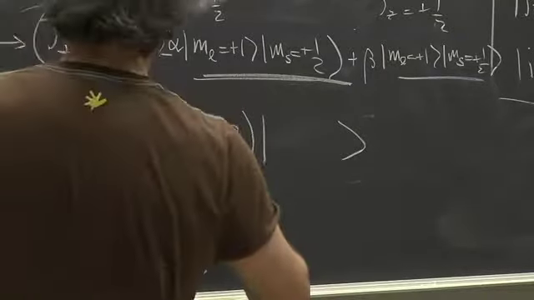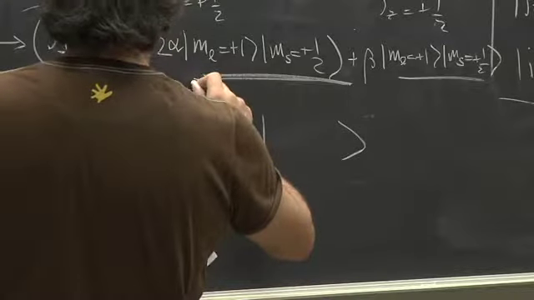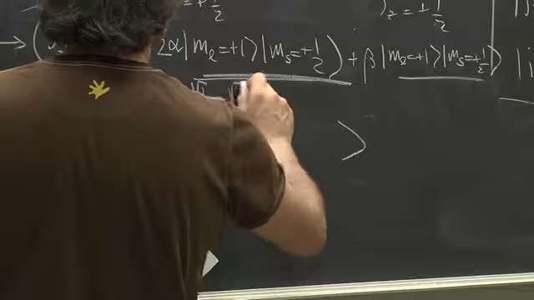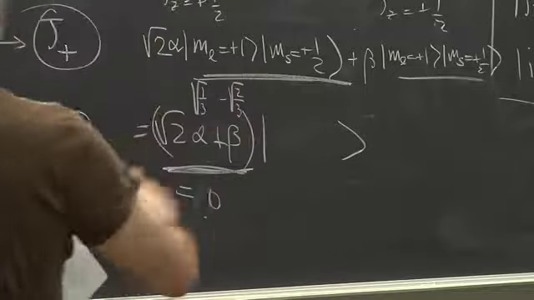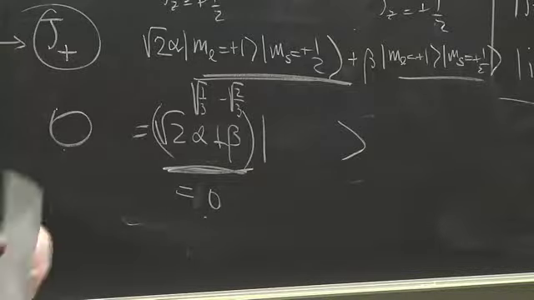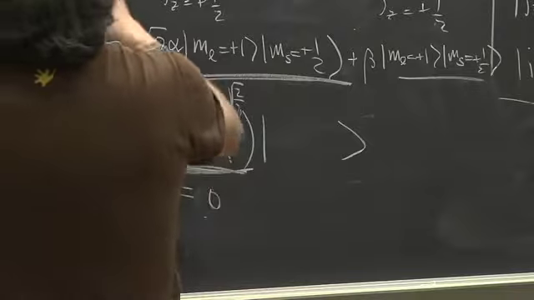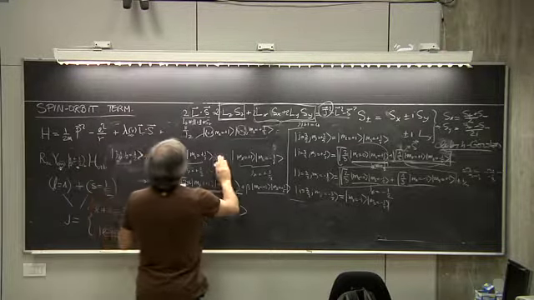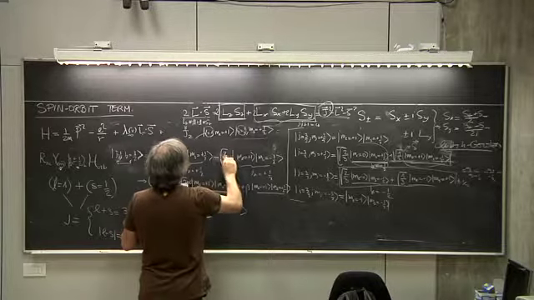And you immediately see that if you take alpha equal to 1 over root 3 and beta equal to minus 2 over root 3, you get 0. So this is the solution. So to summarize, the coefficients are 1 over root 3 and a minus 2 over root 3.